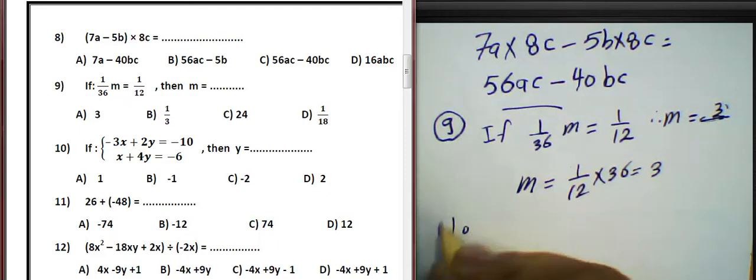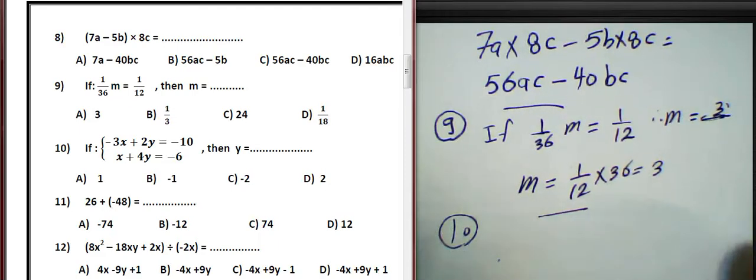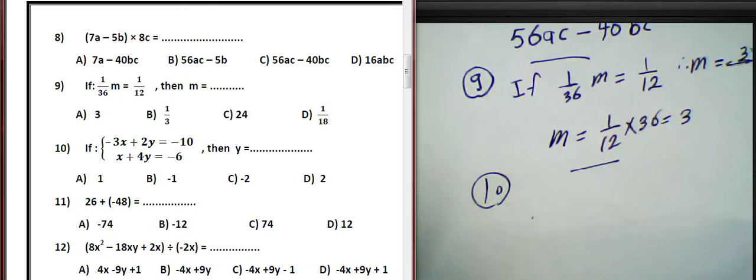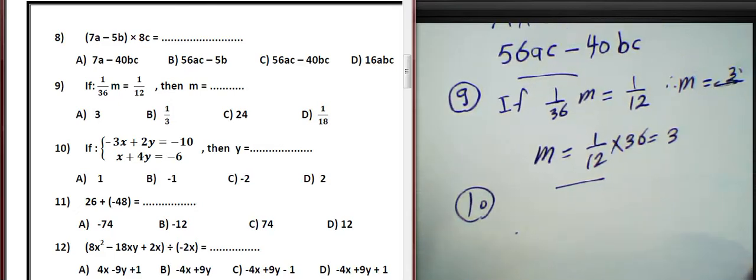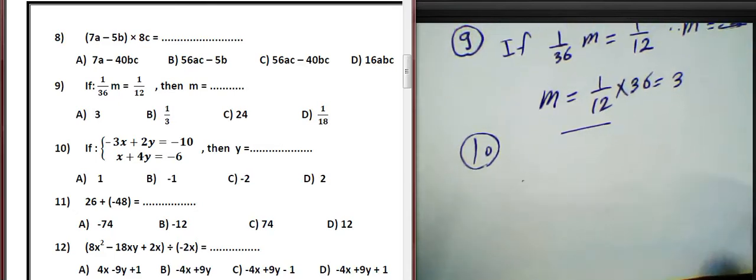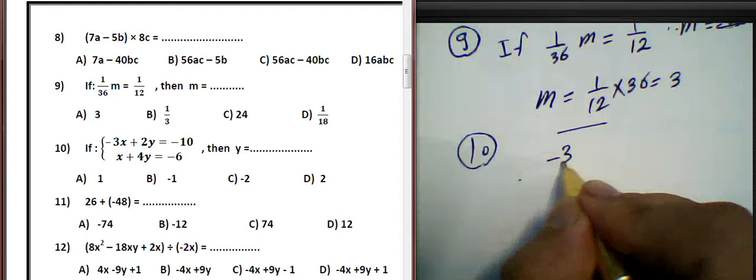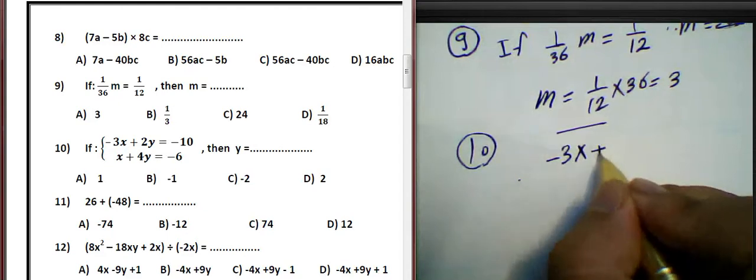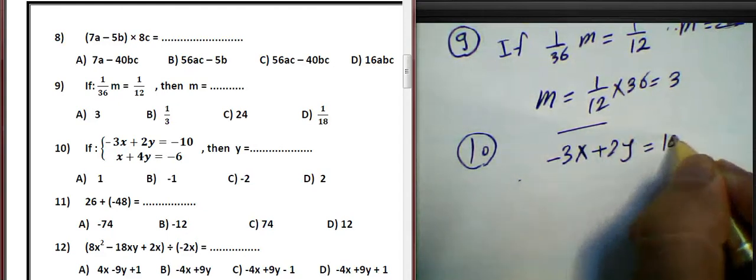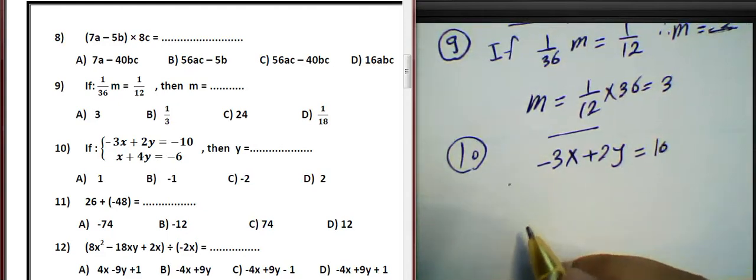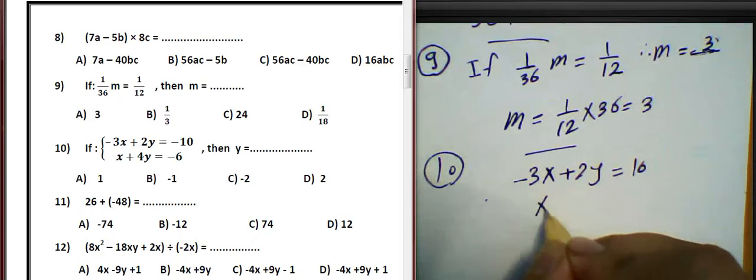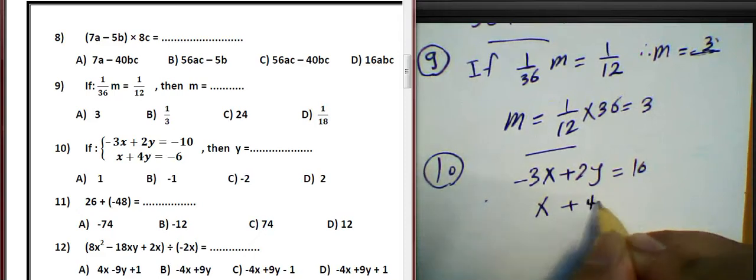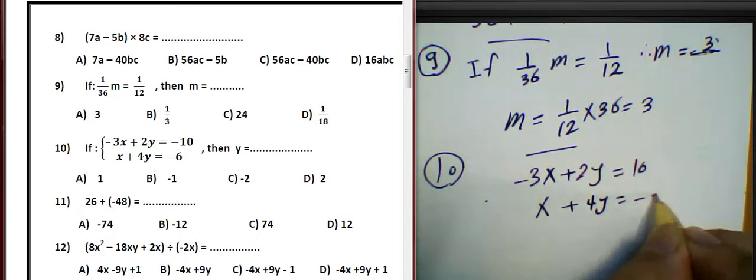We have two equations in question number 10. Negative 3x plus 2y equals negative 10, and the second equation, x plus 4y equals negative 6.